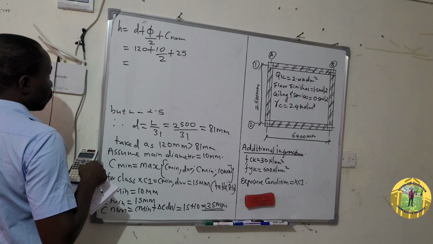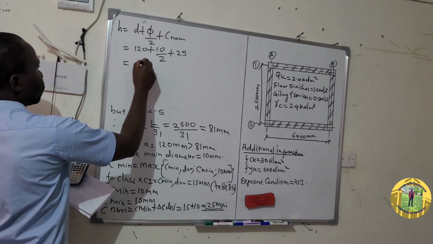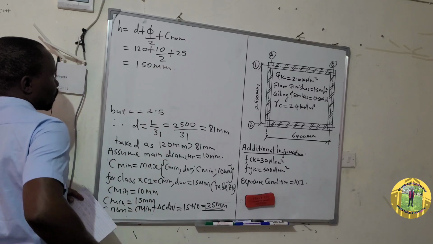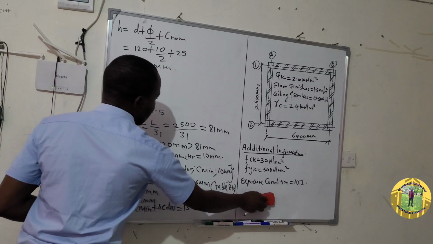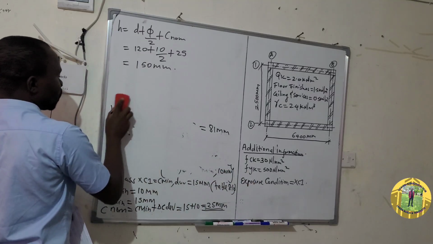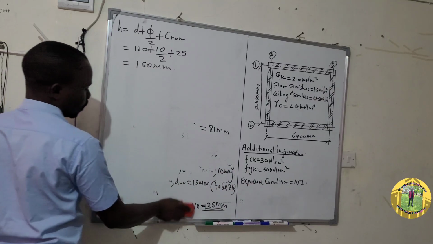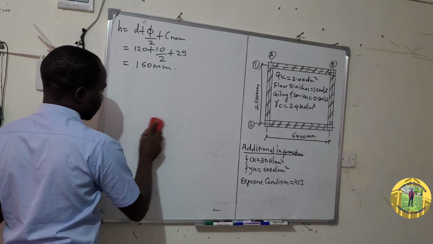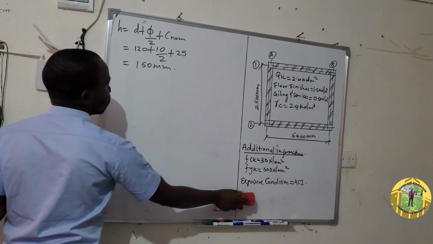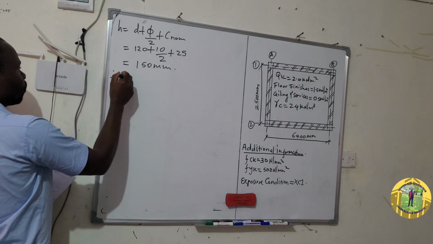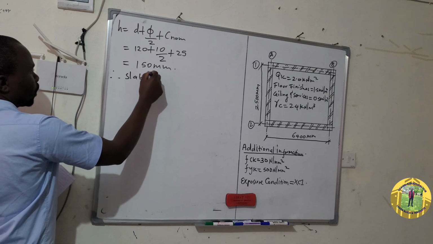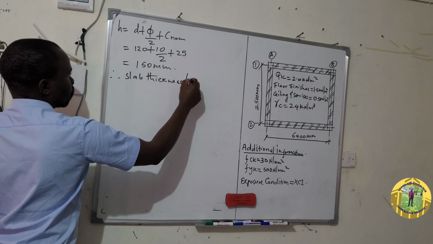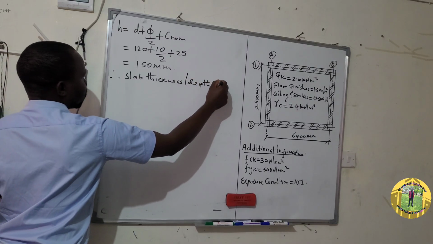So this is 150 millimeters. So this is H. So the depth of slab or slab thickness is equal to 150 millimeters. So that is how you calculate or how you estimate the depth of slab. Therefore, slab thickness or depth is equal to 150 millimeters.